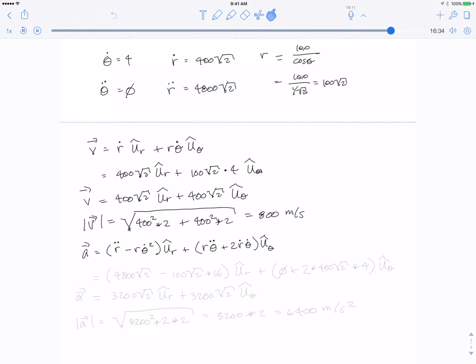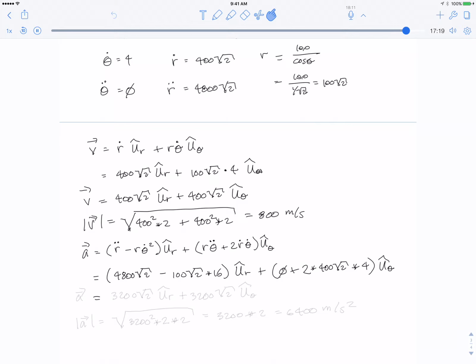Okay, so it's plugging in the numbers. R double dot is 4,800 square root 2 minus r, 100 square root 2, times theta dot squared, which is 16, plus theta double dot is 0, so r theta double dot is 0, plus 2 r dot, which is 400 square root 2, and theta dot, which was 4, in the transverse direction.